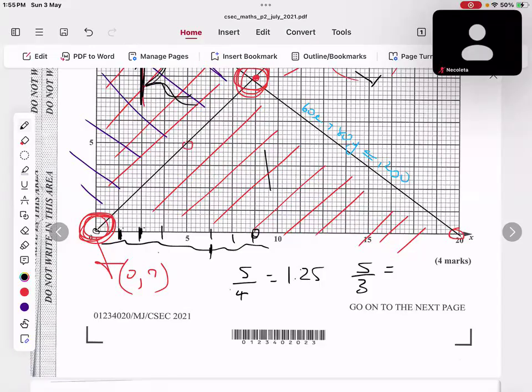And then this would be what now? 7.5, right? 7.5 plus 1.25. 8.75. All right. So what we did right, but guess what happened?